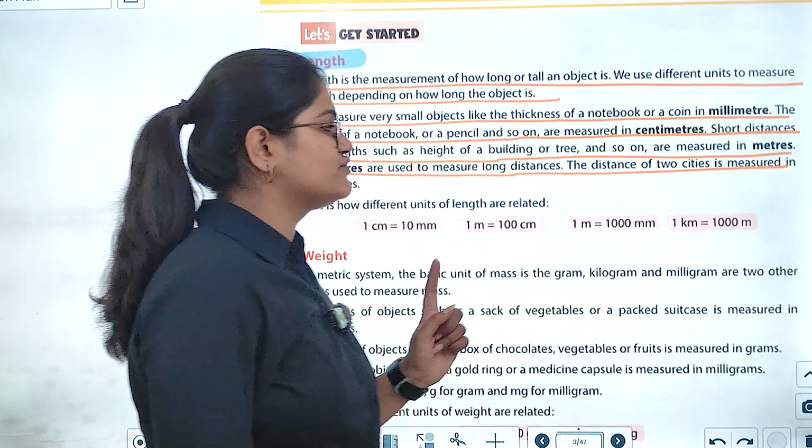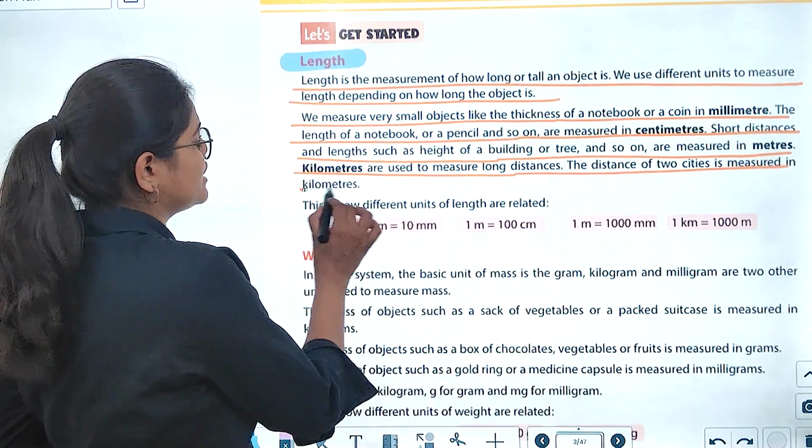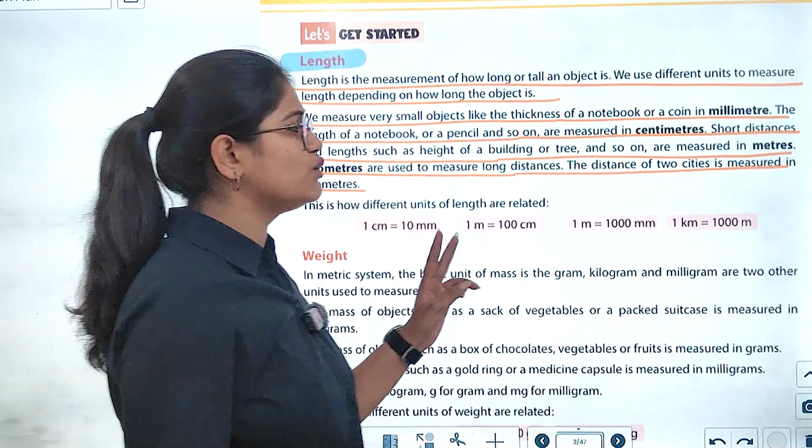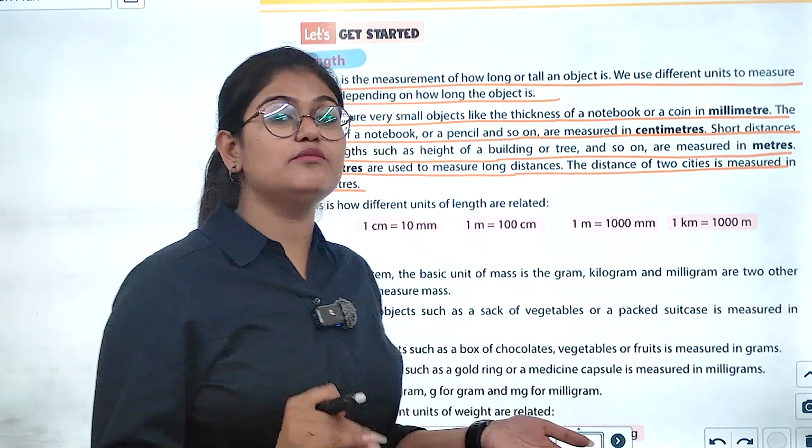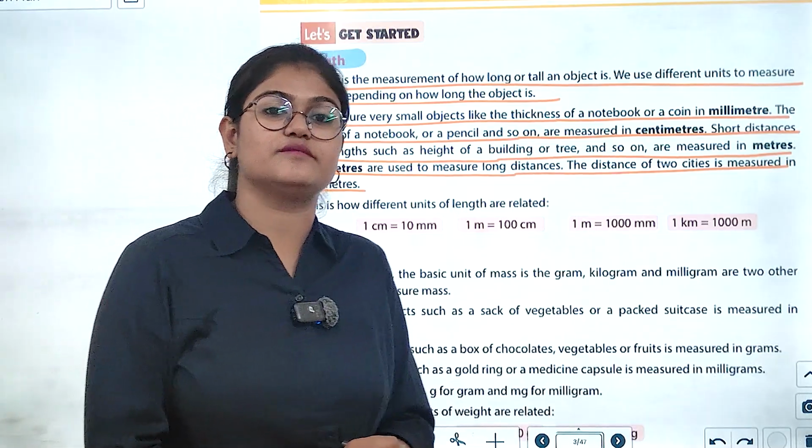The distance of two cities is measured in kilometers. If we have to measure the distance between two cities, then we use kilometers. Clear?